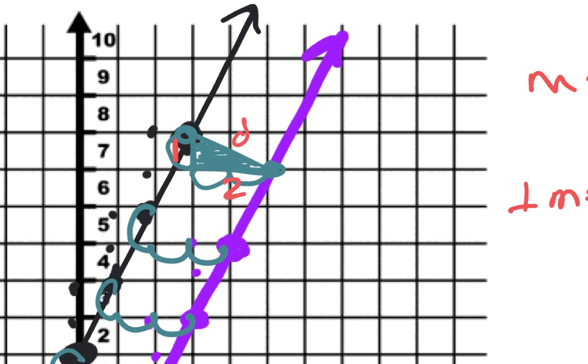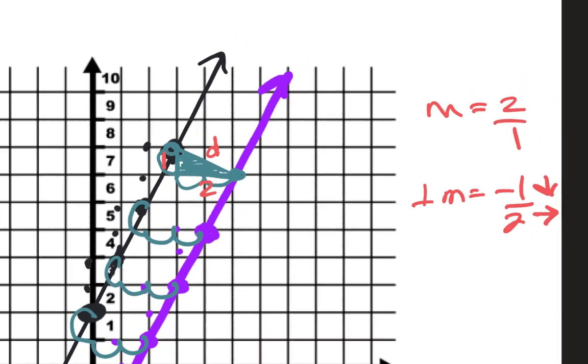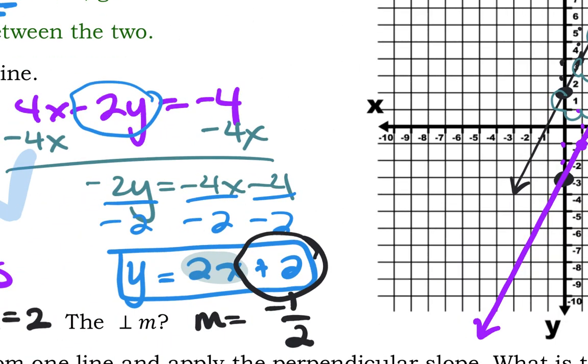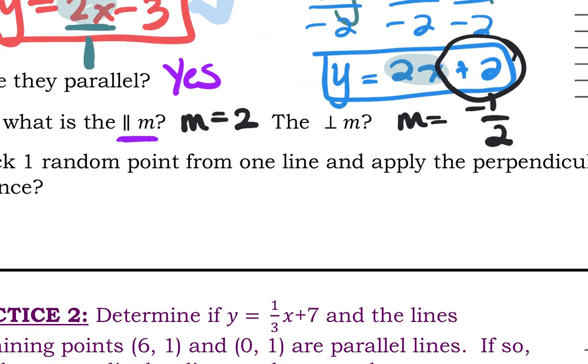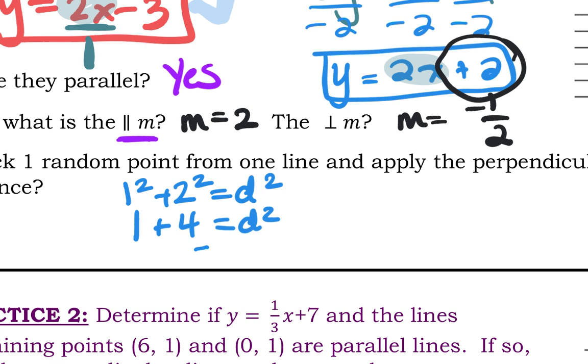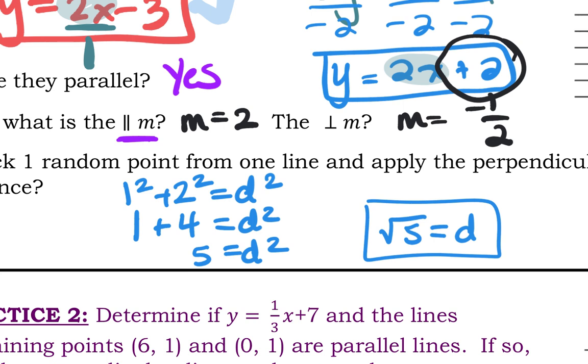So if I just want to find the distance here, we can do 1 squared plus 2 squared equals the distance squared. What's 1 times 1? 2 times 2? 4 plus 1? 5. Our distance is the square root of 5, and we can just leave it there.